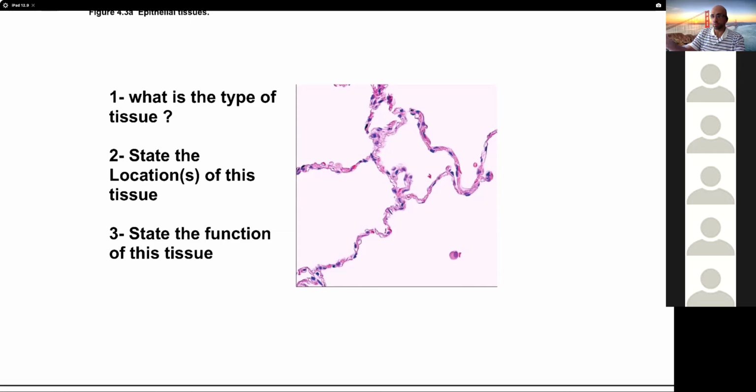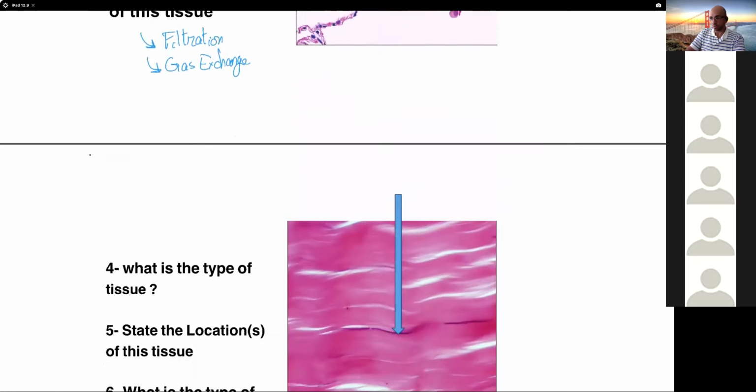Minimal resistance, and I need this minimal resistance to allow filtration, to allow gas exchange, passage of the nutrients, and so on.